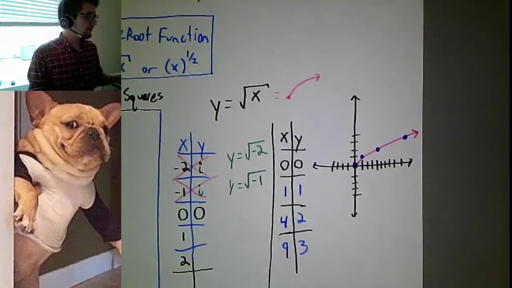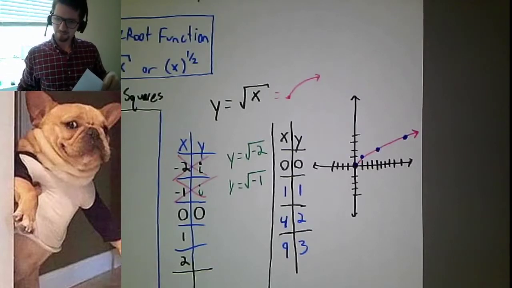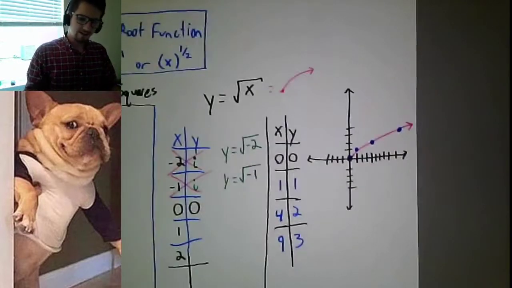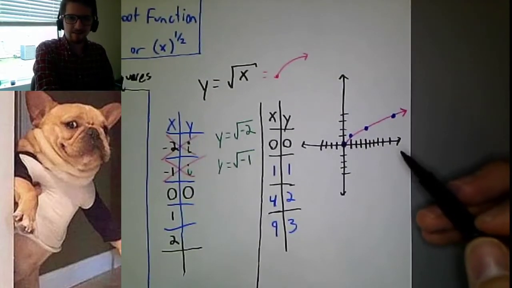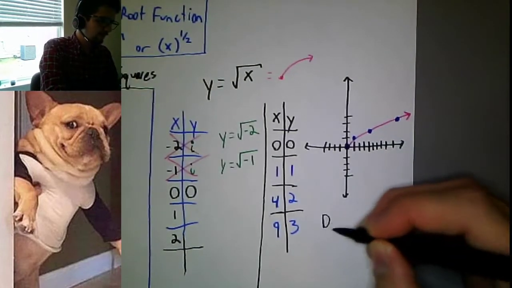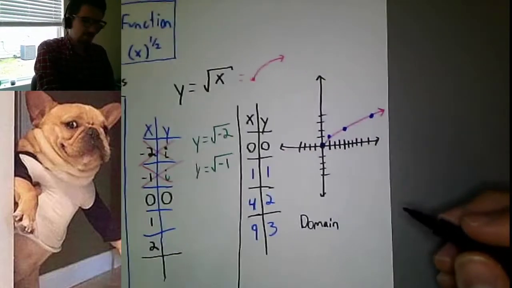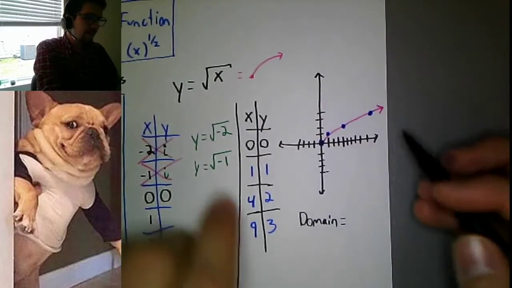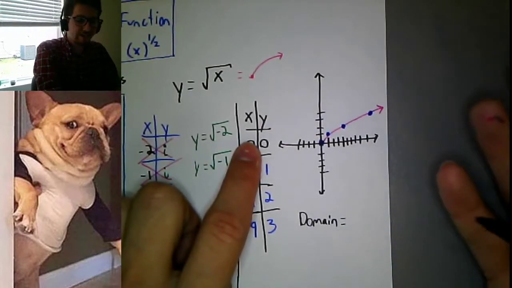So let me show you where the real creativity comes in. Let's do an example. Oh wait, no, before I do that, important trick for this. What do you think the domain is? The domain for these is a little different than a lot of domains. So we can't go any further down than 0, right? That's the furthest we can go, or we start taking the square root of negative numbers.